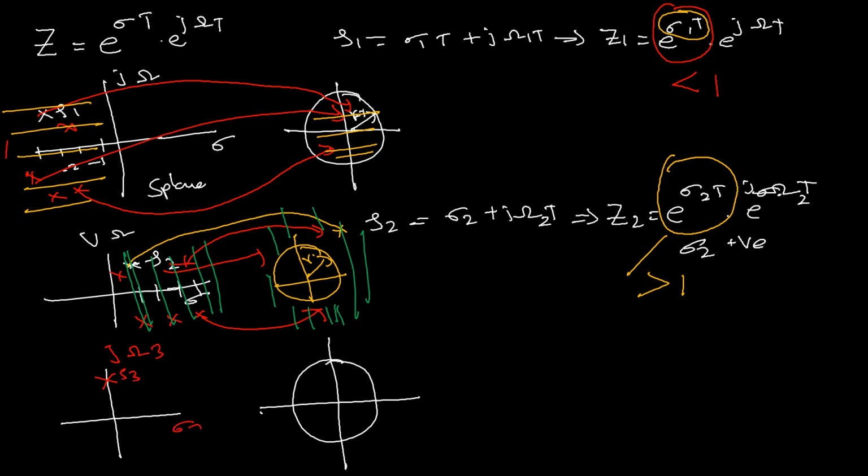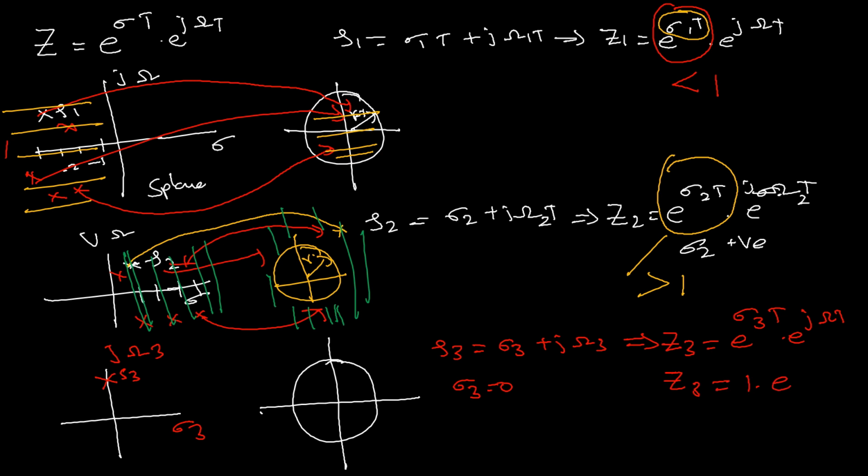So S3 is equal to sigma 3 plus j omega 3, and the corresponding Z3 is e power sigma 3 T into e power j omega 3 T. And you know that sigma 3 is 0, the reason being it is on the j omega axis. So Z3 is 1 into e power j omega T.